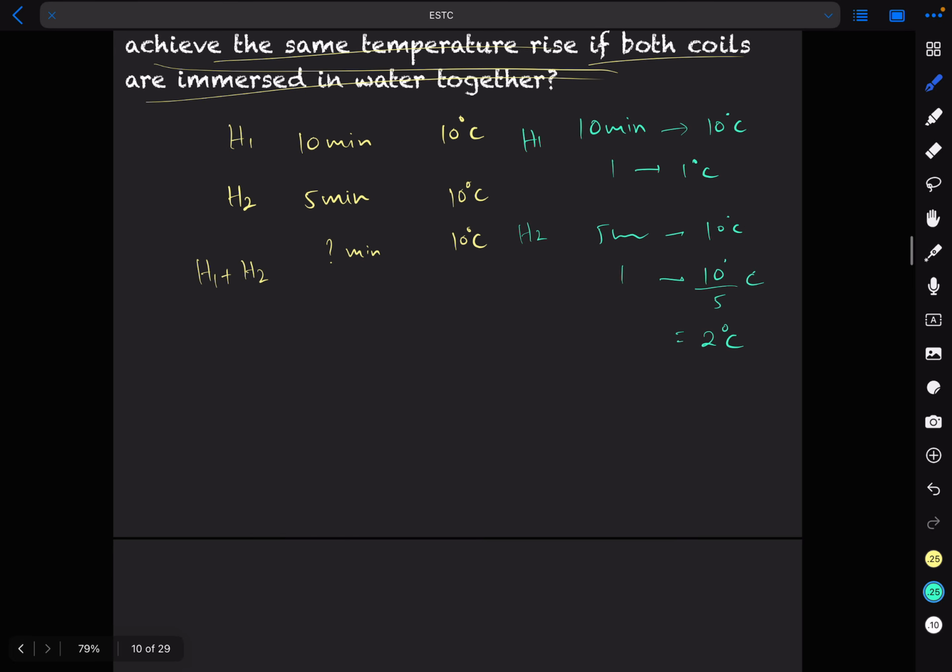So heater coil 1 takes 1 minute to increase the temperature by 1 degree Celsius, and heater coil 2 takes 1 minute for 2 degrees Celsius.